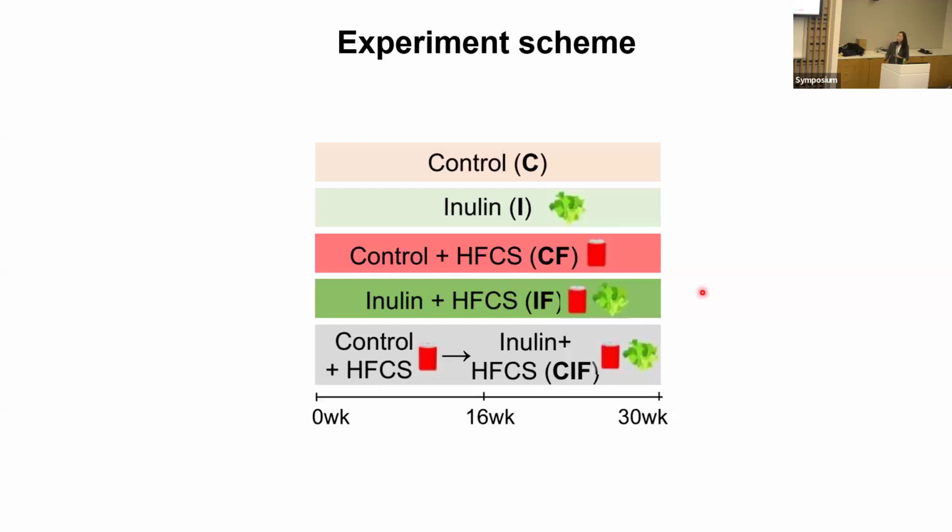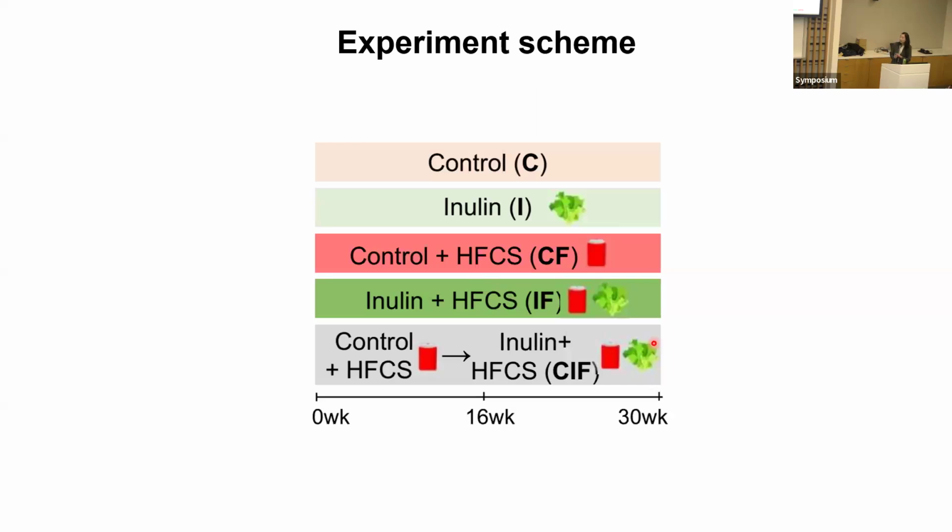To determine the effect of inulin on metabolic disease induced by fructose, we generated mice like this. First, we fed mice control diet with water, inulin diet with water, control diet with high fructose syrup water, and inulin diet with high fructose syrup water. We added one more group to see if inulin has a treatment effect on metabolic disease.